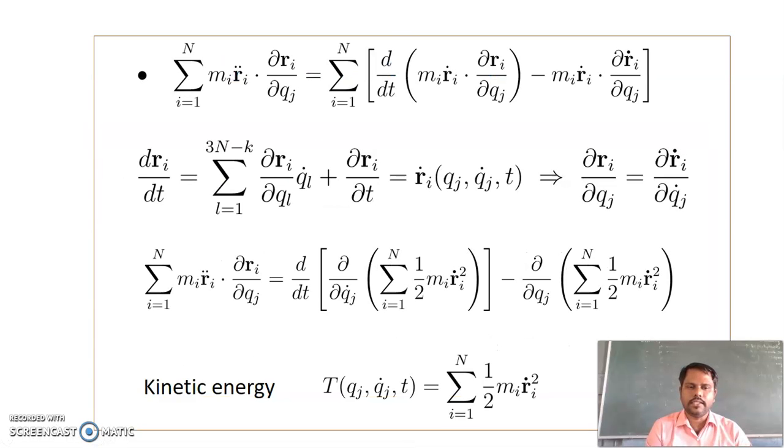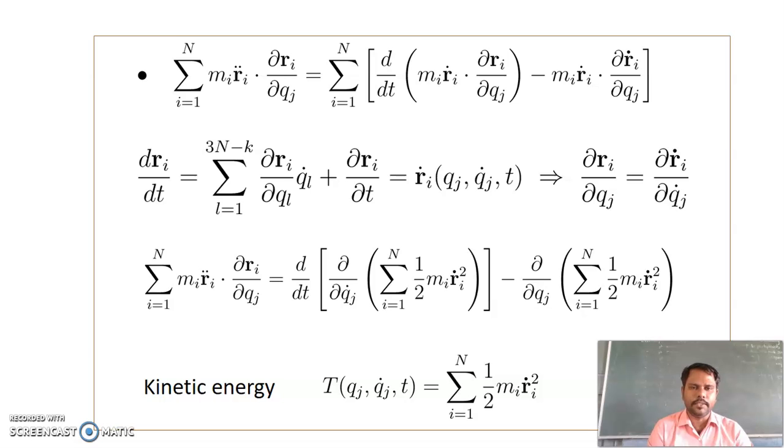Now let's consider the first term, which is mi Ri double dot into dou Ri by dou Qj. We know that differentiation of a product rule is given by differentiation of uv is equal to uv dash plus vu dash.